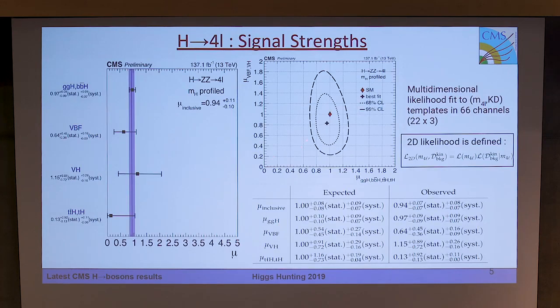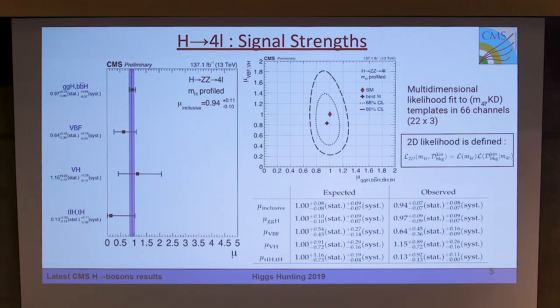Okay, moving on. These are the signal strengths for stage 0. You can see that they are well compatible with the standard model expectation, and the inclusive signal strength we get is 0.94 with an error of plus minus 0.1. And then this is the 2D signal strength of the VBF and VH production with the gluon fusion production.